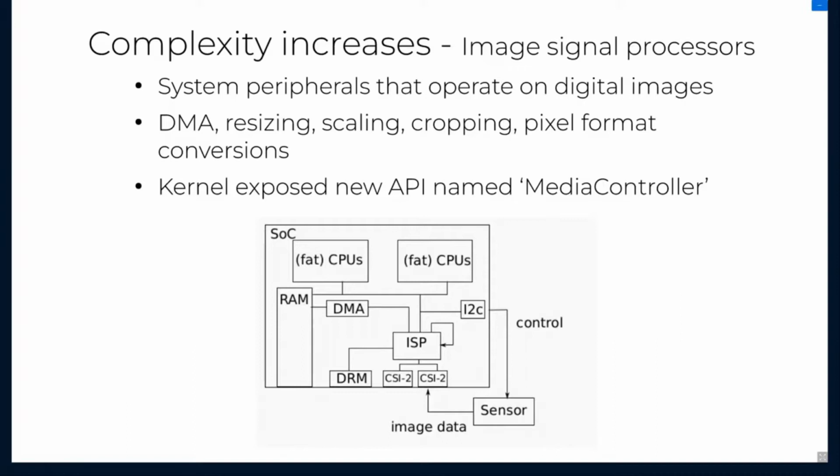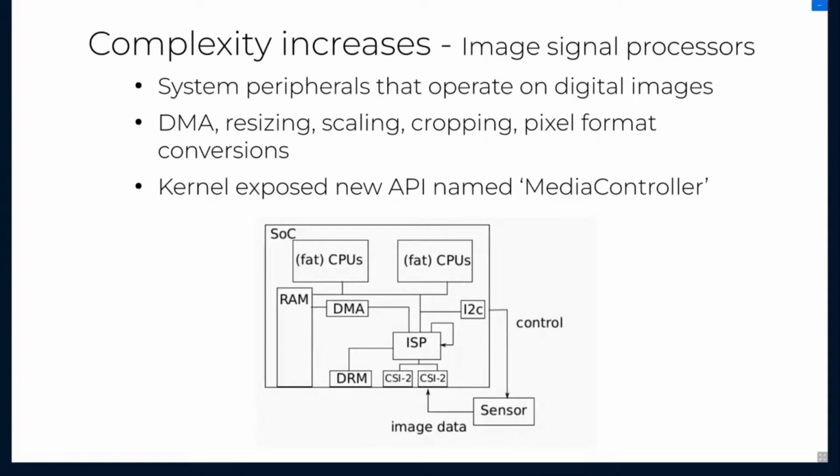So basically the raw data captured by the sensor is then pushed down to ISPs, and they do some stuff that we are going to talk about. DMA, resizing, scaling, cropping, or pixel format conversion are some of the basic things that they would do, found in many, but there are other ISPs.